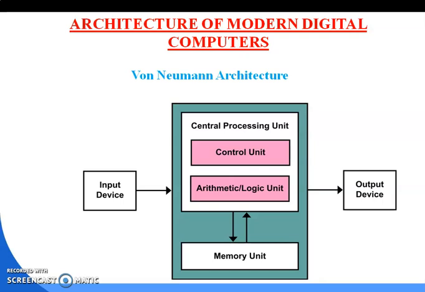And the accumulator is a single register. Why? Generally there is a memory unit and the central processing unit. When you supply the data through the input devices, the data is stored first in the memory unit. But the problem is that the time taken by the processor to retrieve the data from the memory is very large. Suppose you are calculating a plus b plus c into d plus e into a plus a.